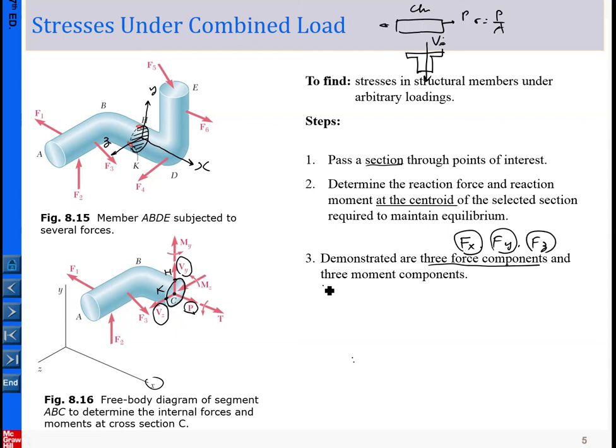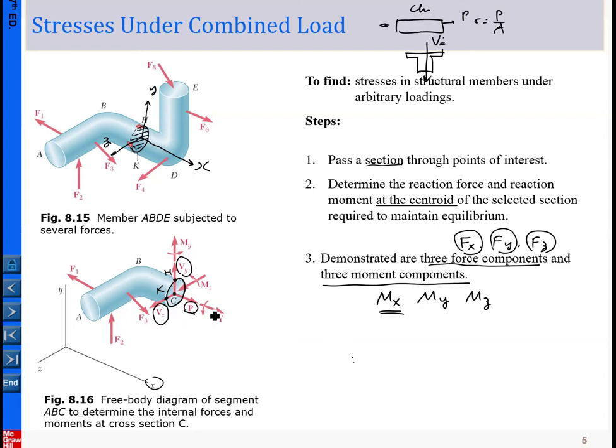Then we also have 3 moment components in the X, Y, Z directions individually. In general, keep this in mind. Now let me map to the simple conventions we use. First, the moment about the x-axis. Here is our x-axis.